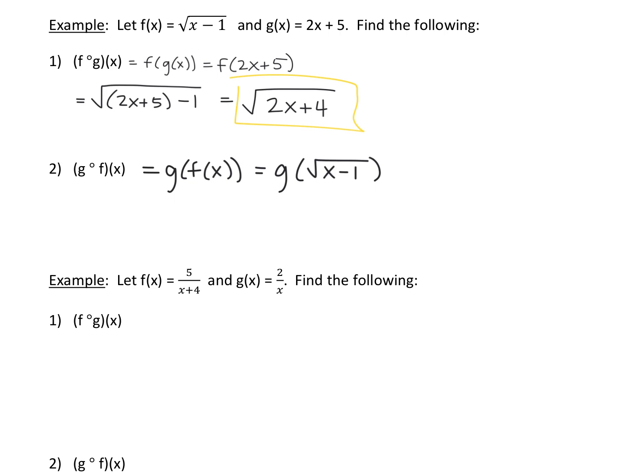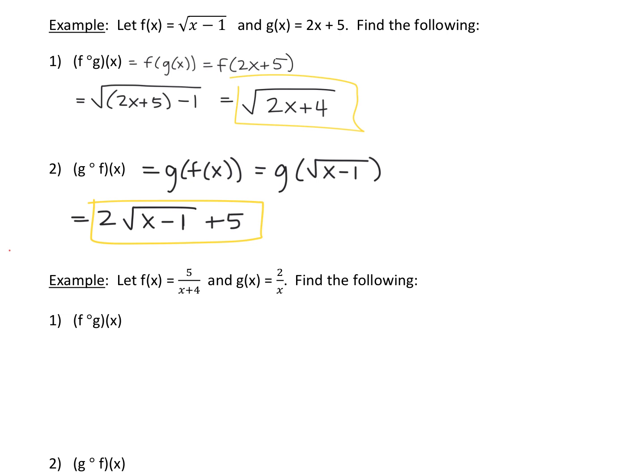Okay, so please plug that in. You're doing 2 times the square root of x minus 1 plus 5. Am I allowed to distribute into this? Please no. Okay? Do not do that. This is as far as it goes.